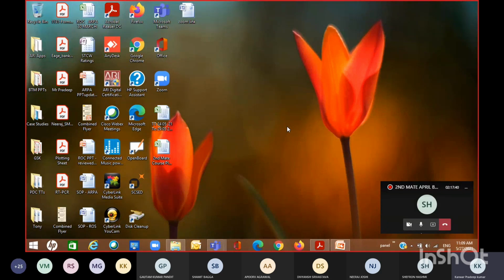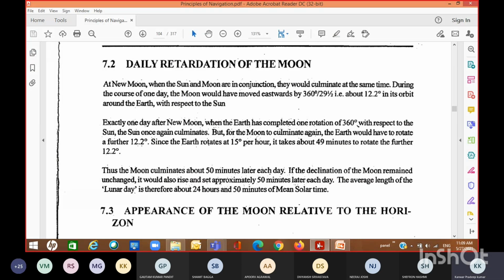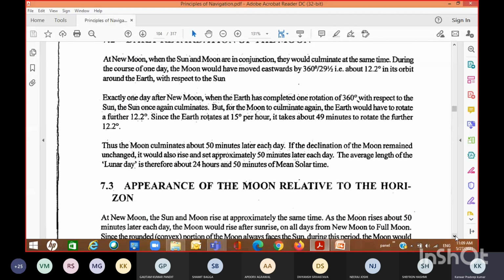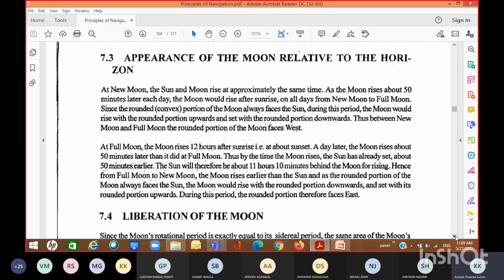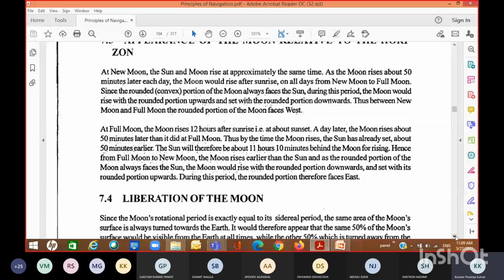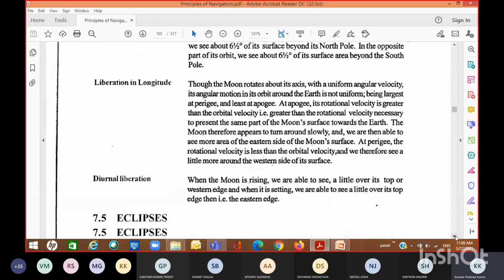So there are two more small topics. Daily retardation of the moon I have done. Appearance of the moon relative to the horizon I have told you to have a look. Which side is the curve, which side is the concave side, which side is the convex side. Every day you watch and observe. The libration of the moon I will do tomorrow and then eclipses I will do tomorrow.